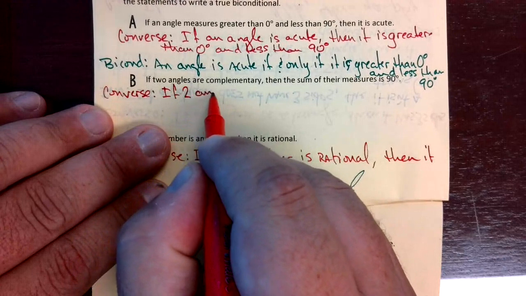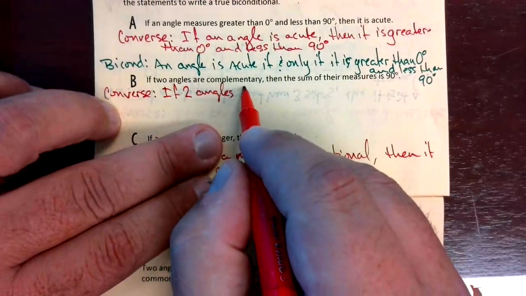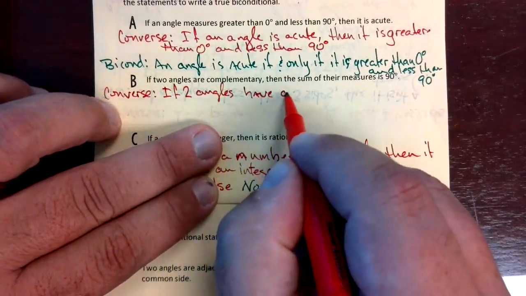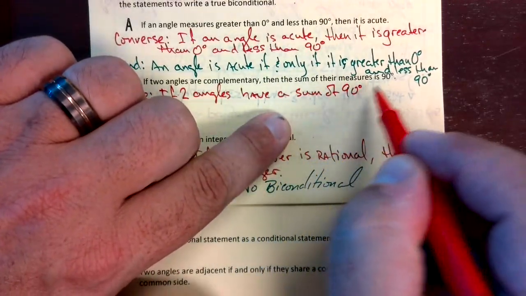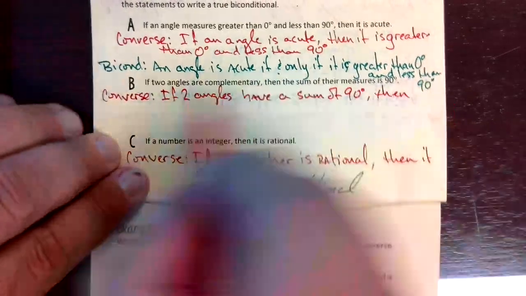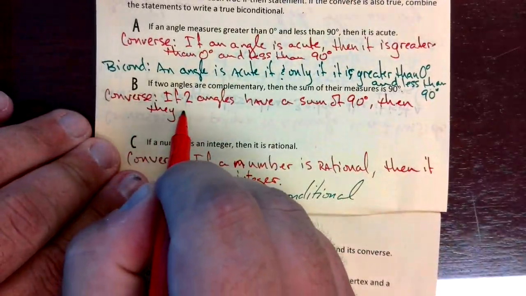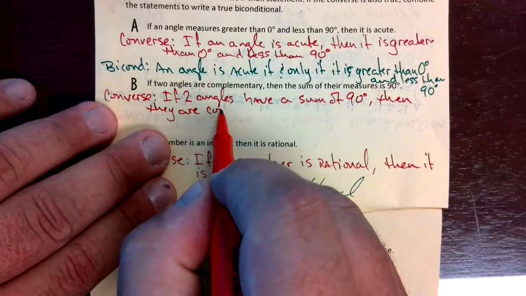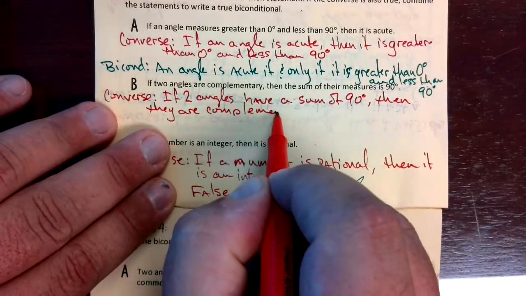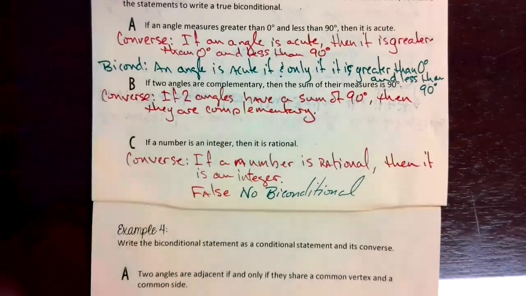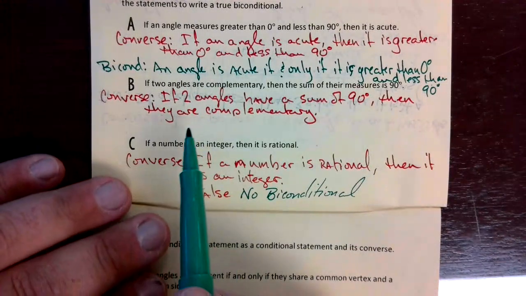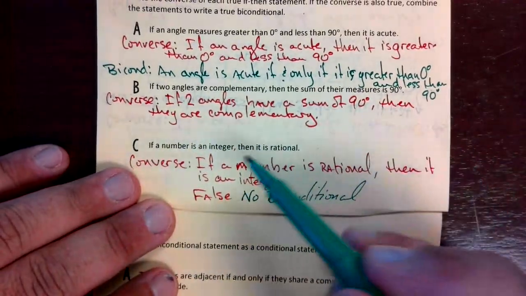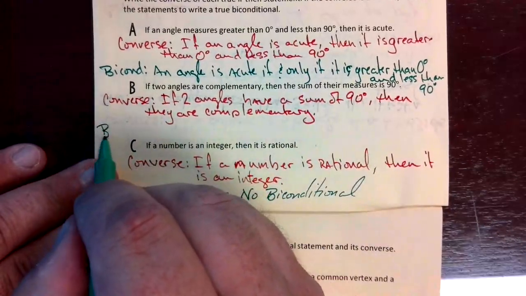If two angles have a sum of 90, then they are complementary. Now, we haven't talked about that yet in here, but you probably have before, and we're going to talk about that next week. But that is a true statement. If two angles add to 90, they are called complementary.